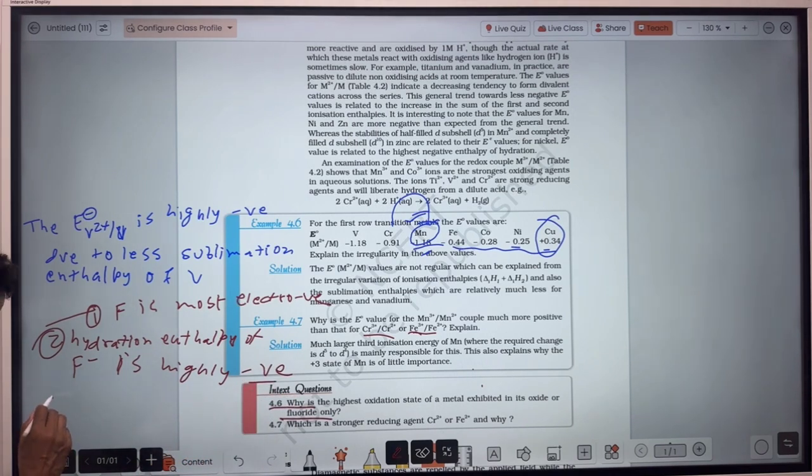Now about oxygen, why do the transition metals exhibit greater oxidation states in oxides?